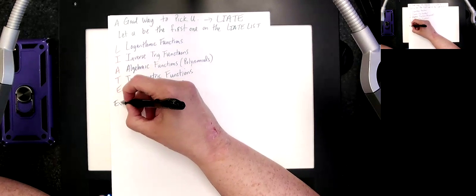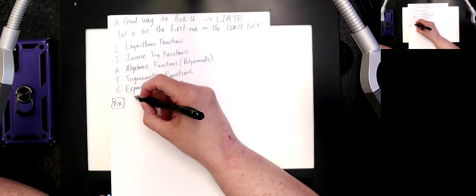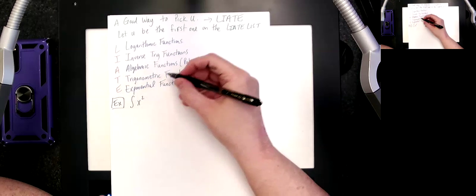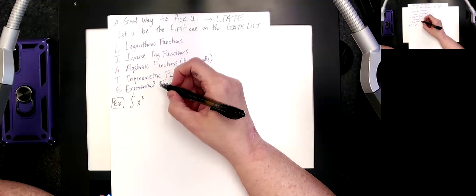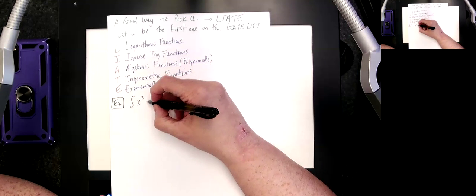So for our next example, we will do the integral of x squared e to the 3x dx.